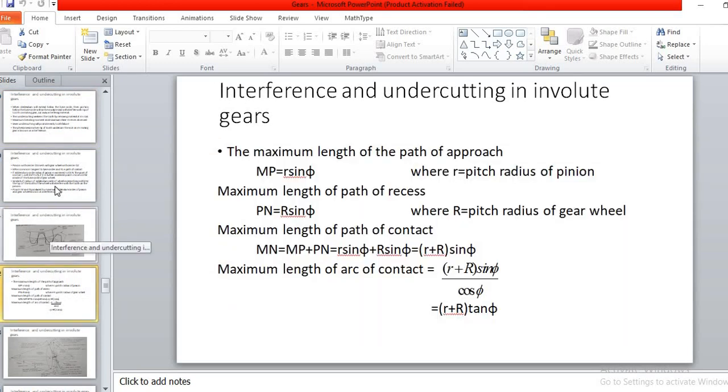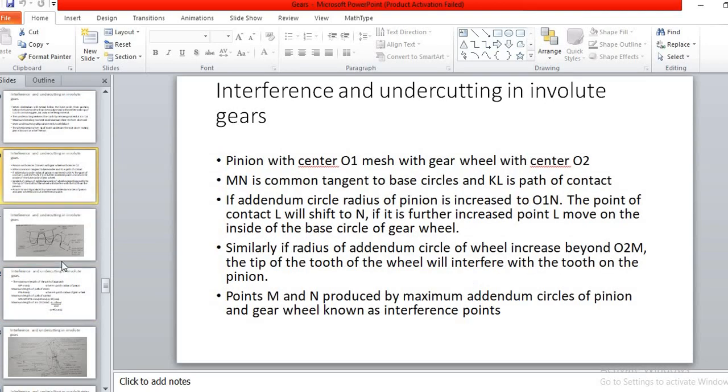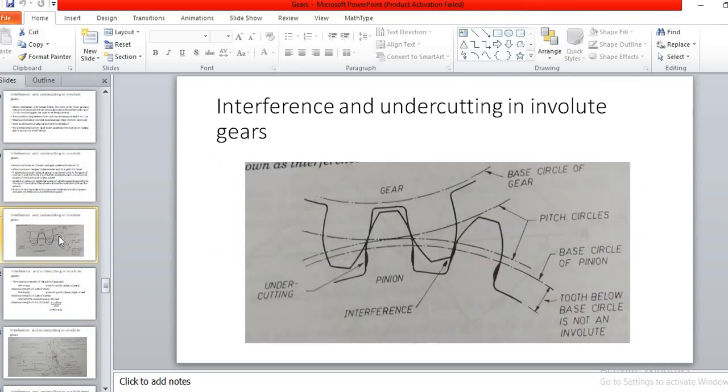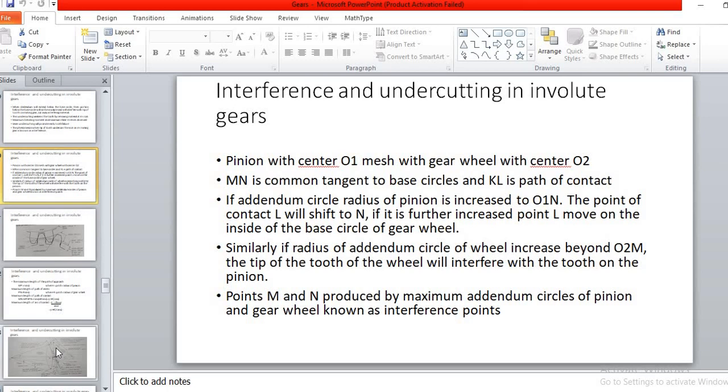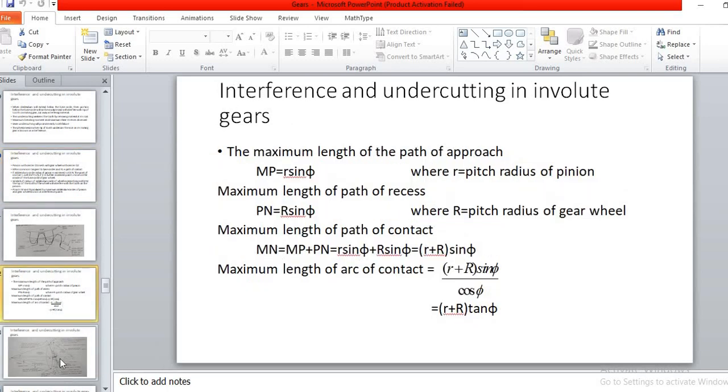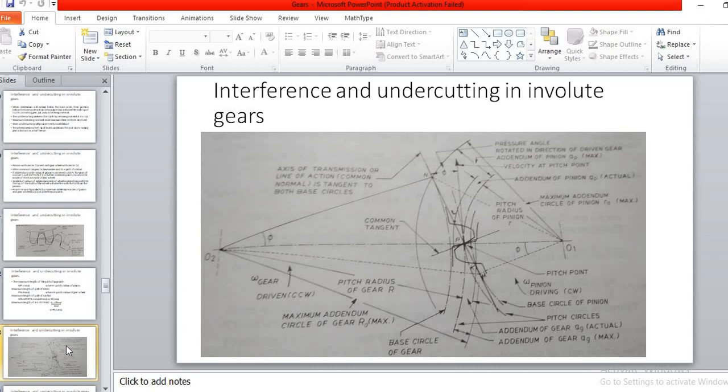So with this, now we move further to the derivations in these interference cases. So we consider this diagram. In this diagram, two gears come in contact, with the centers O1 and O2.